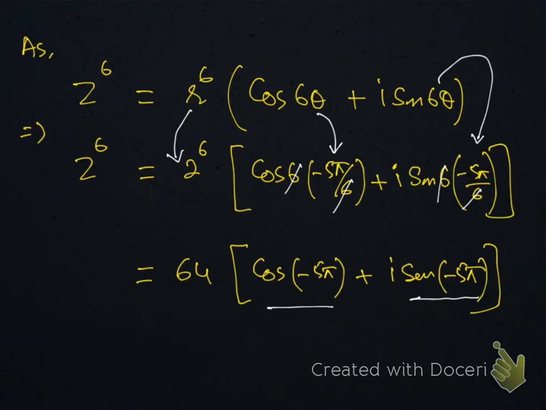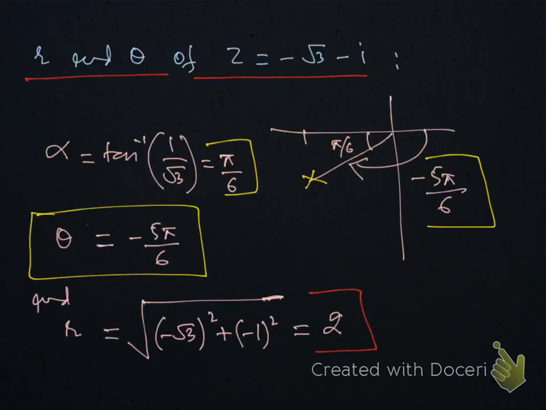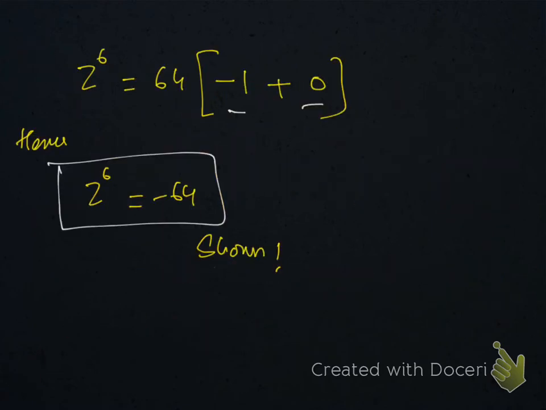The answer of this is minus 1, you can use your calculator for this, and the answer of this is 0. So finally we have 64 times minus 1 and 0. So we have shown that minus root 3 minus i is the root of this equation.